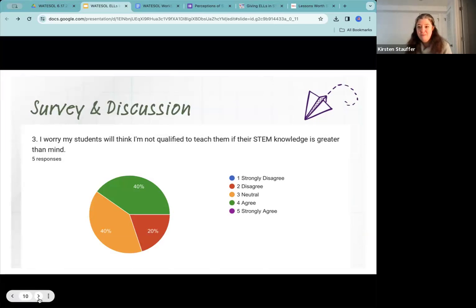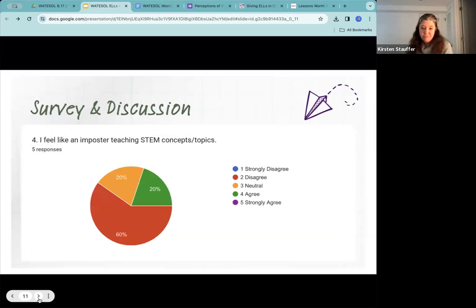But I think what we can remind them is that they can be the content experts and they can teach us, and we'll help them with the tools they need to communicate and express those ideas and do all of the different functions they need to with the content. So again, that imposter feeling. It's good that we don't feel like the imposter.